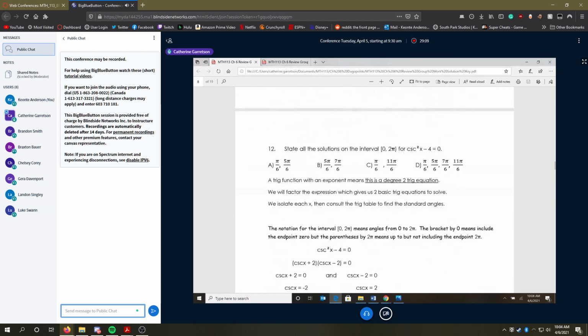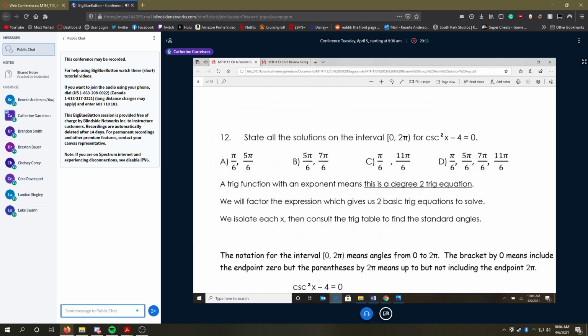All right. Now, I only see one trig function, and yet this is the more complicated kind, because notice that the one trig function has an exponent of 2. So the way we solve this is by factoring. So this is the difference of squares.